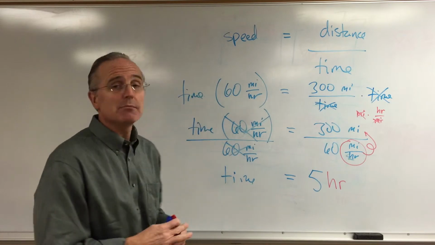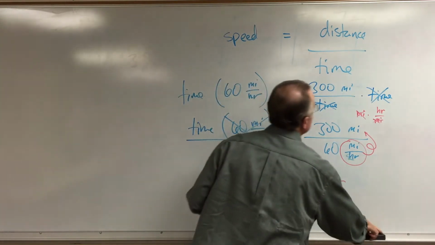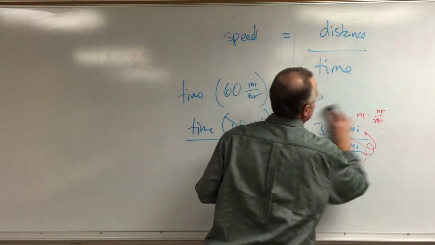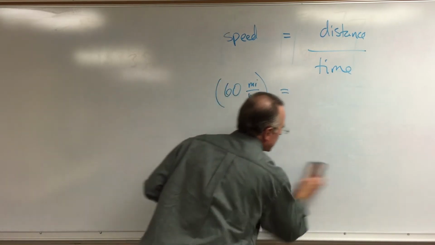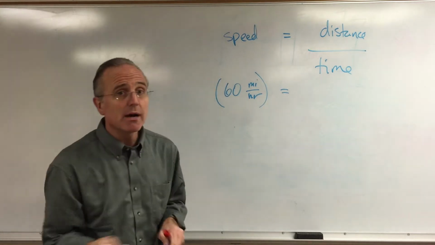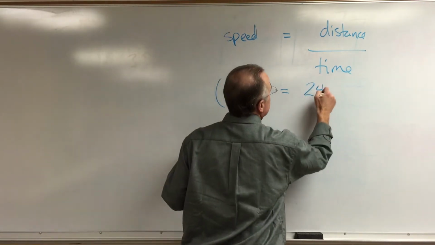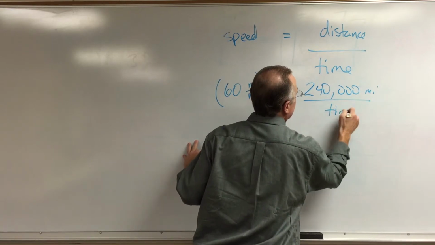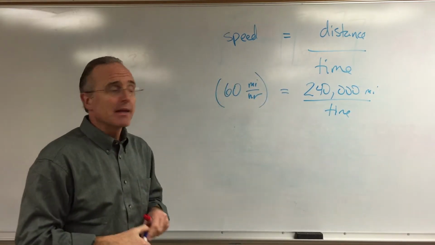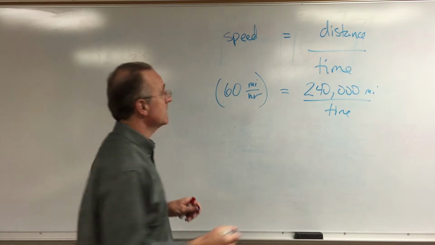So I would work this in much the same way, but this time, my distance traveled is not just 300 miles, it's 240,000 miles. But again, I would multiply both sides by time.